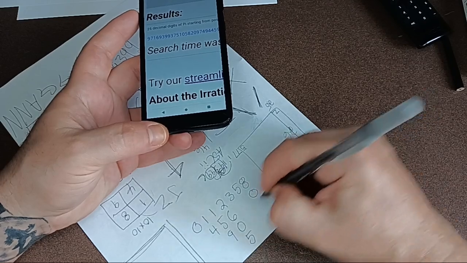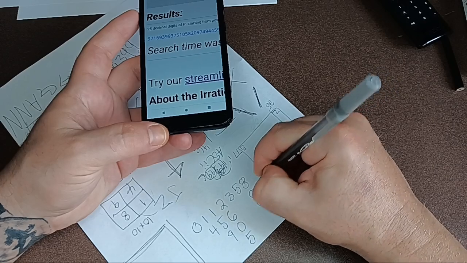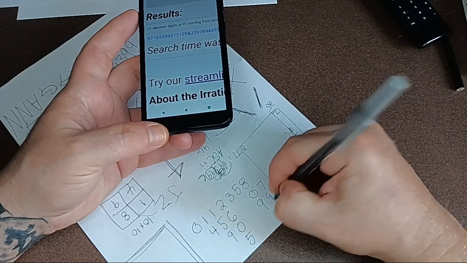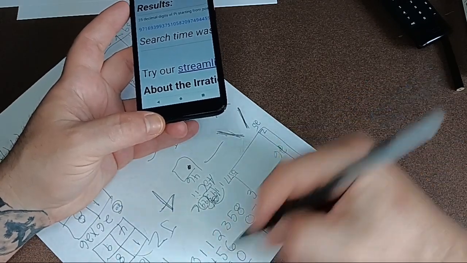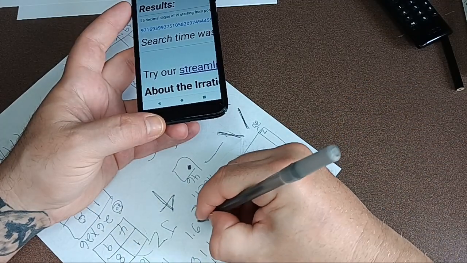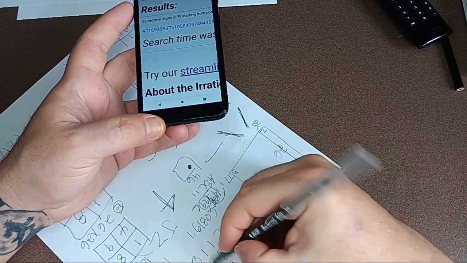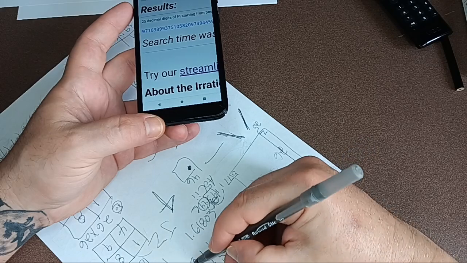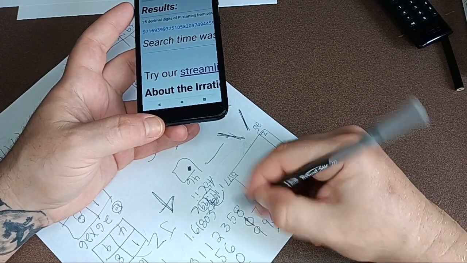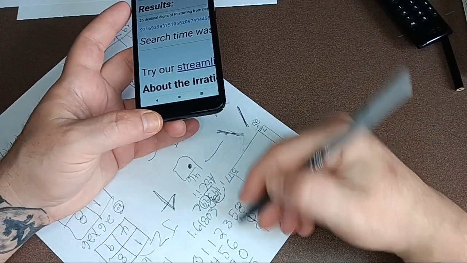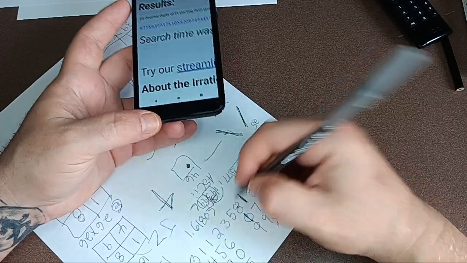I should have done an underscore there. 9. And that's 7, 9, 3. And then we did 5, 1.61803. So that's why I bumped the 3 in there because it made sense. 30816. So imagine that as a mirror. It's rotating. And then we got 1, 3.